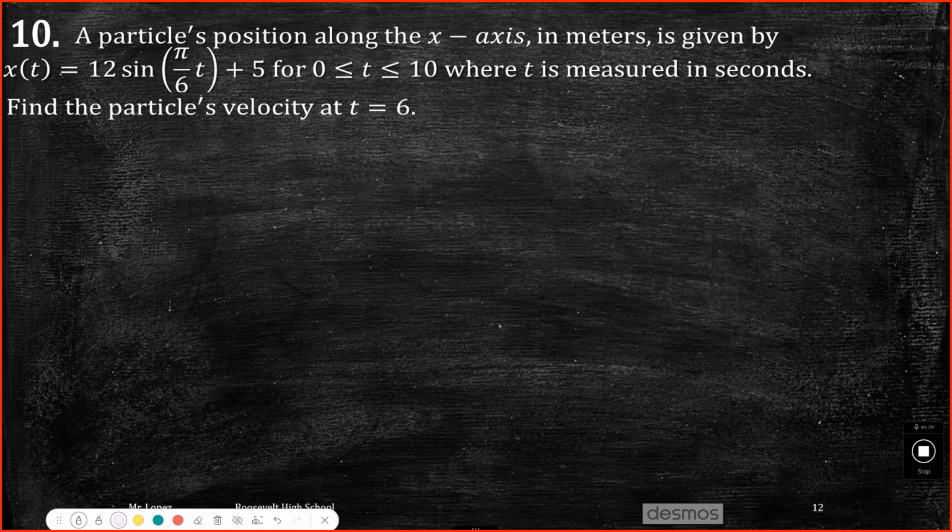So take the derivative, evaluate it at 6. So this is going to be a chain rule.